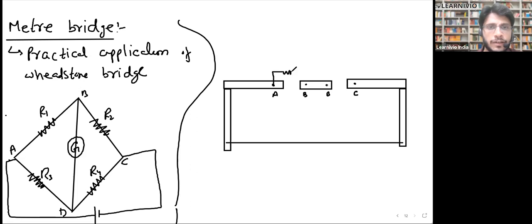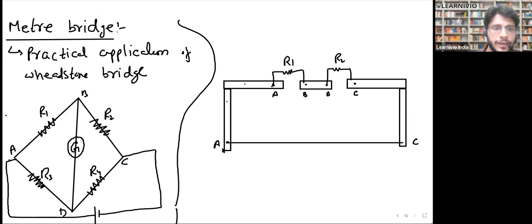I connected a resistance, you can call this R1 here. Then between B and C, you have another resistance, which is R2. See, the points which are on a conductor are identical. If this is A, this is also A, and this is also A.